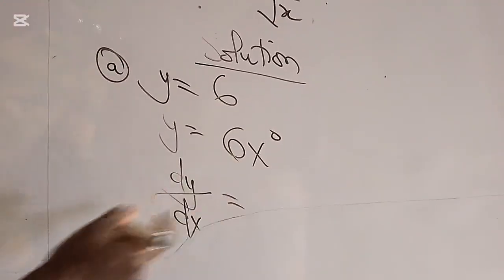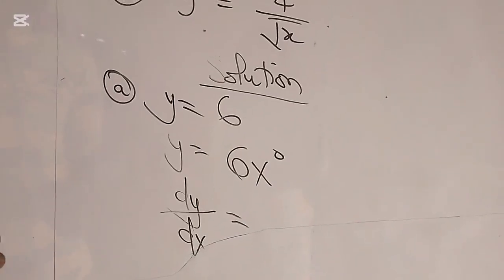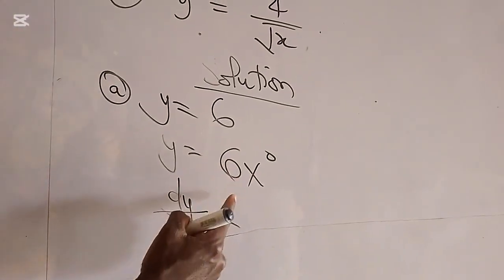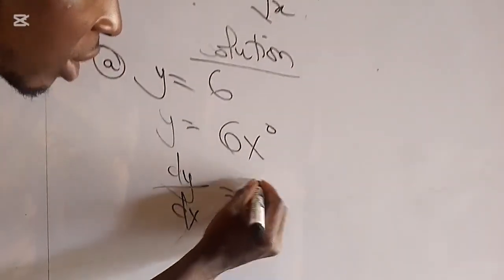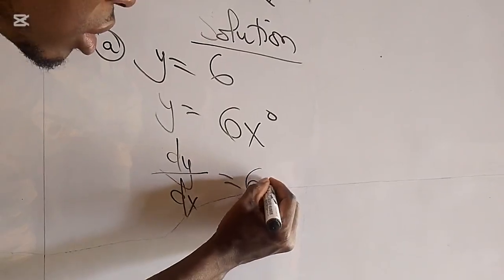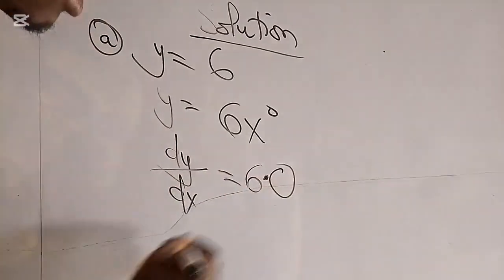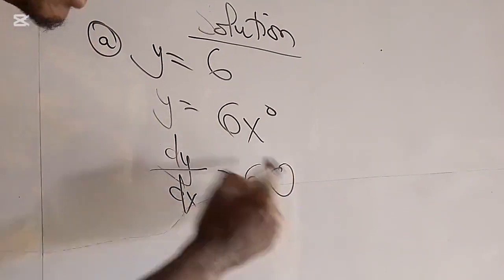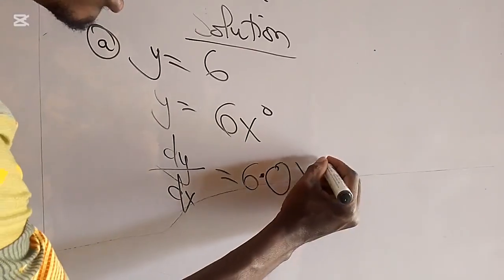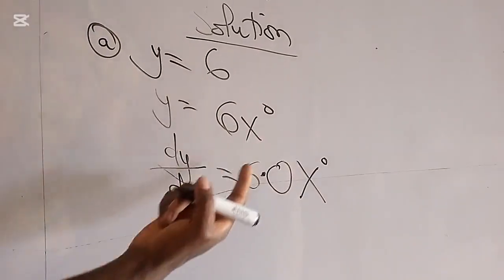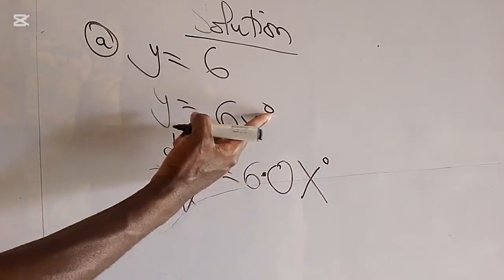So now let's go and differentiate. Our dy dx will be equal to, you know already, we drop our 0 to multiply the 6. So 6, the dot signifies multiplication, 6 multiplied by 0. Then we have our x to the power of 0. Then I told you that we should subtract 1 from the exponent.